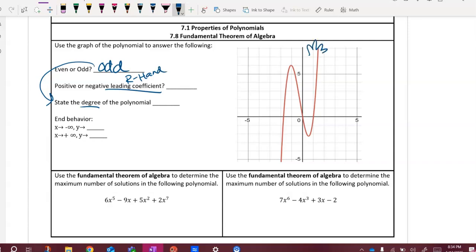And the right hand of this polynomial is facing up, which is a positive direction. So we're going to have a positive leading coefficient. Now, looking at the degree again, we talked about this yesterday in our video. I said that we can count the degree by counting the curves and adding 1.